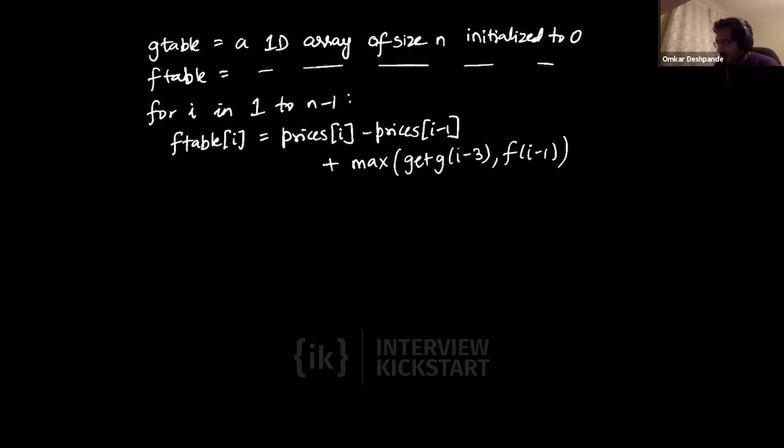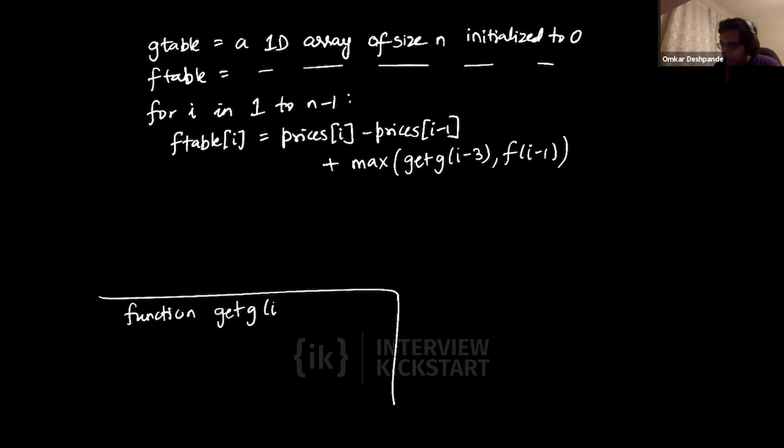I'm not writing it as g of I minus 3. I'm saying get g of I minus 3 because if I is less than 3, then we just want this to be 0. So why not just have a function that, when we ask it to return a g value at any index, will return a 0 if the argument is less than 0.